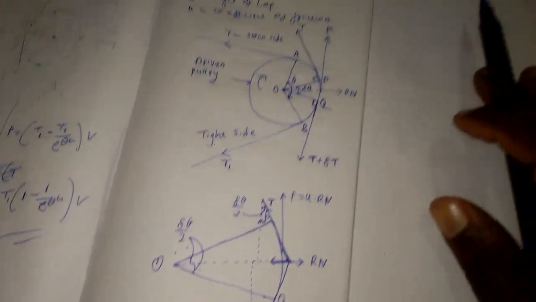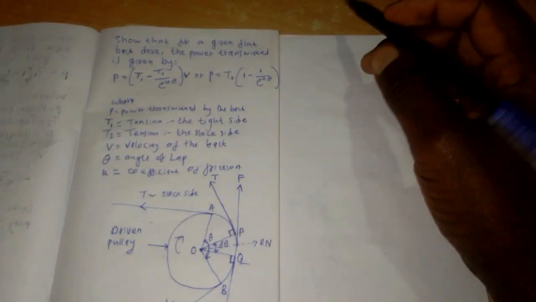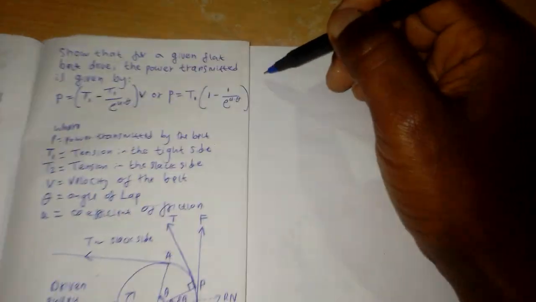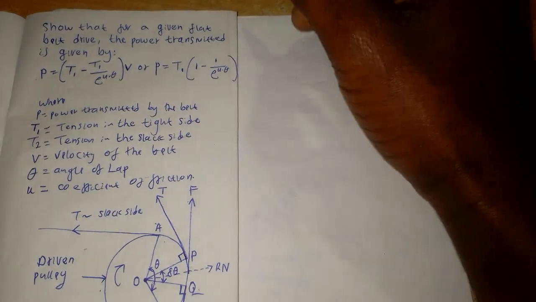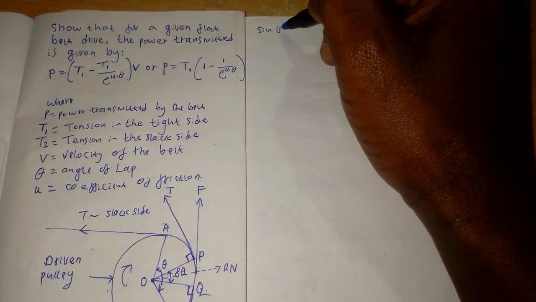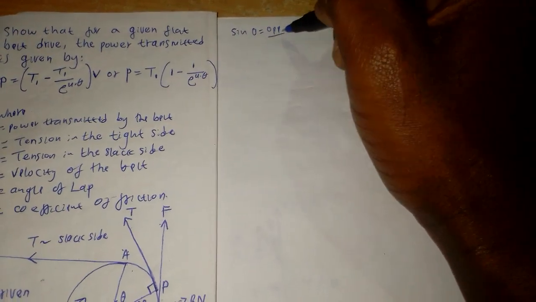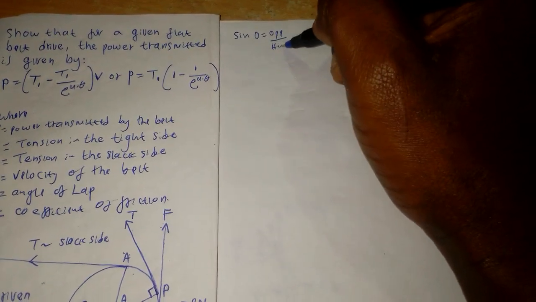Now, resolving all the forces horizontally, we want to take Rn. We know that sine theta is equal to opposite divided by hypotenuse.